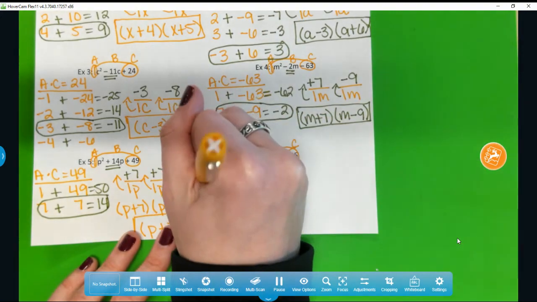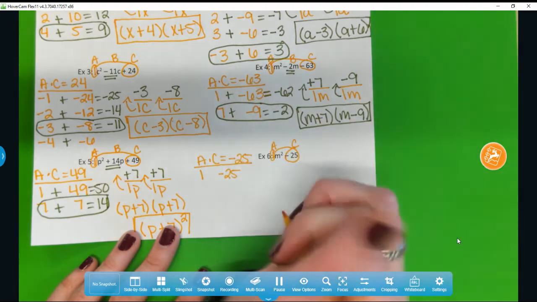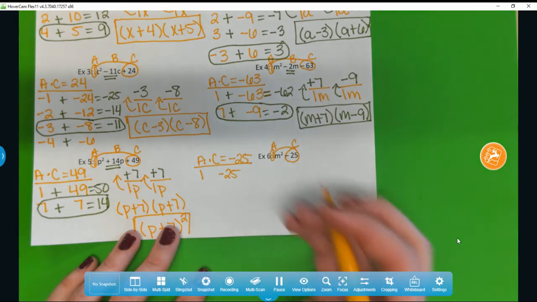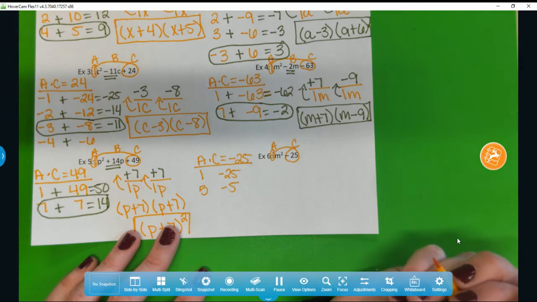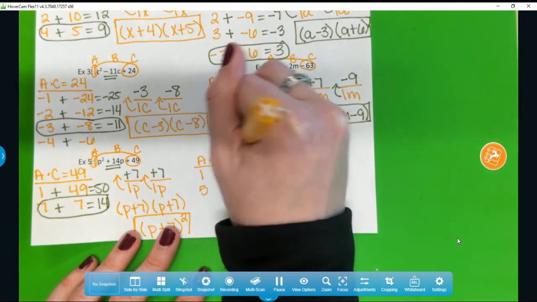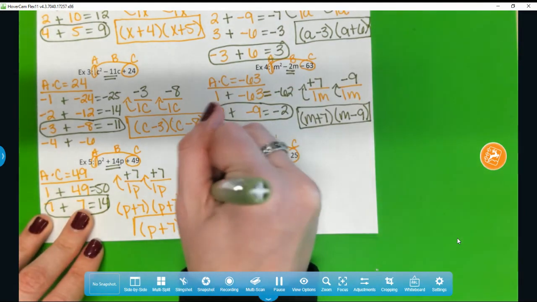So we have 1 and negative 25. And because we need a positive and a negative number, then we have 5 and negative 5. We know that B in this case is 0. So when I add, I want them to equal 0.